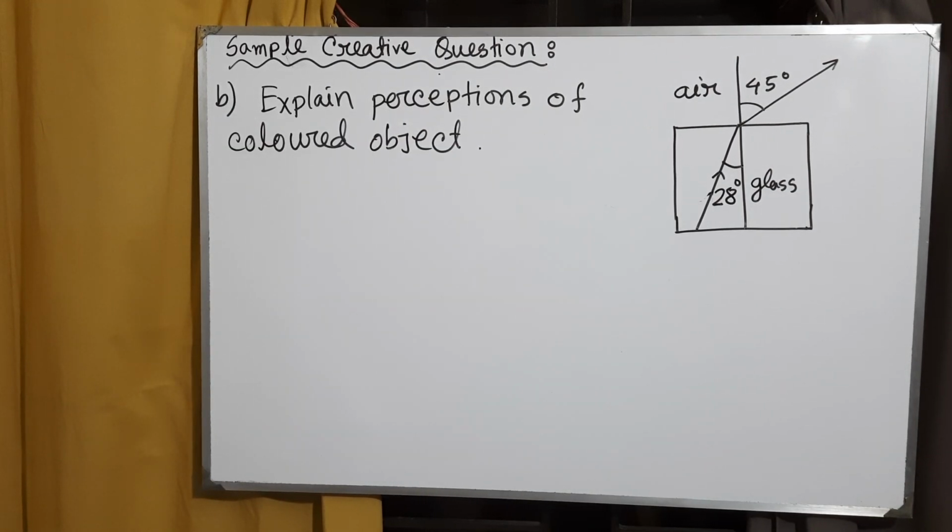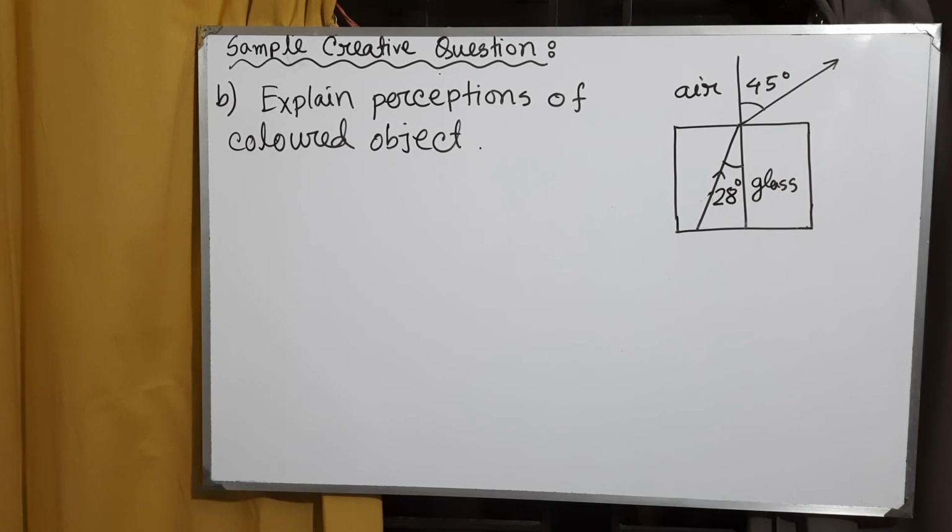Our question B is, explain perception of colored objects. So the explanation is, an image is created on the retina by our eye lens. Rods and cones are the two types of cells that send signals from the retina to the brain. Cones are color sensitive. There are three types of cones: red, blue, and green.